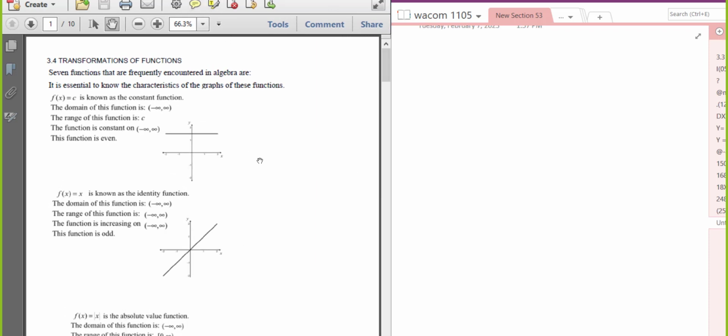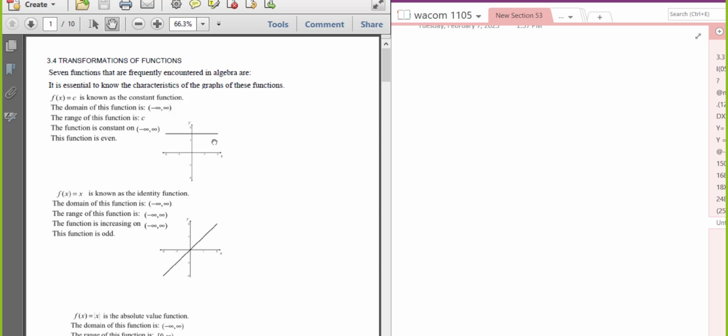All right, so this is page 39. And you want to memorize these. The first 2 I don't usually bother to memorize because you can figure them out. And for your transformations, what you're going to do is transform all these ones in these 2 pages into different graphs. You're going to do different things to them.